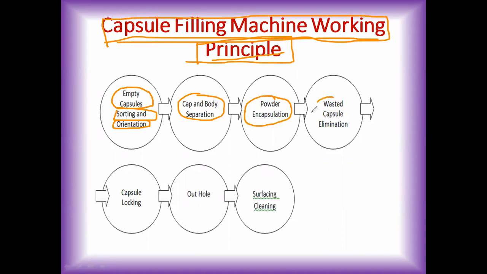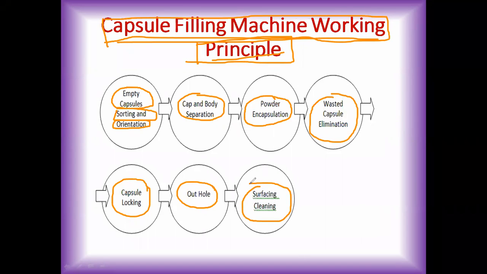Then the wasted capsules are eliminated. Once you fill in the material, the recapping takes place, as well as the locking. With the help of ejection, you discharge the filled capsules, and later on you go for surface cleaning. So this is a schematic flow which occurs in a capsule filling machine, which will give a working principle idea.